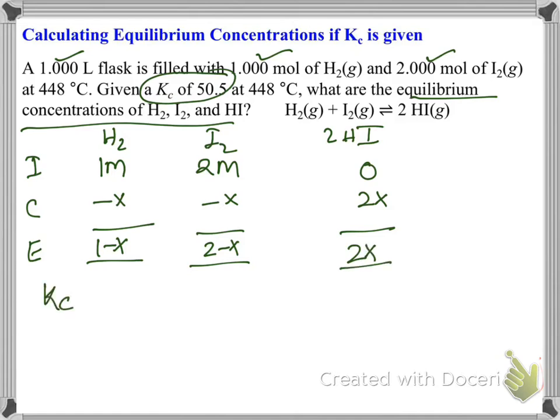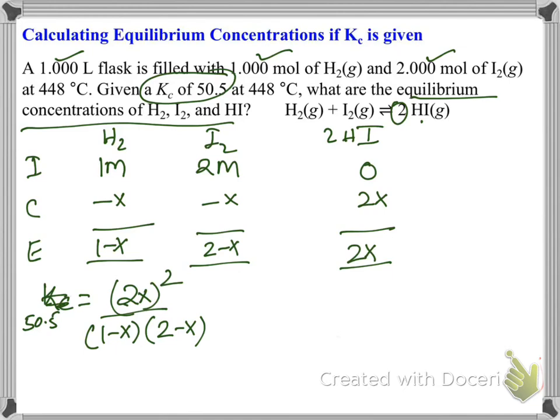My Kc is equal to the concentration of HI, which is 2x raised to the power 2, divided by the concentration of reactants, 1 minus x times 2 minus x. And what is my Kc value? Kc value is 50.5.